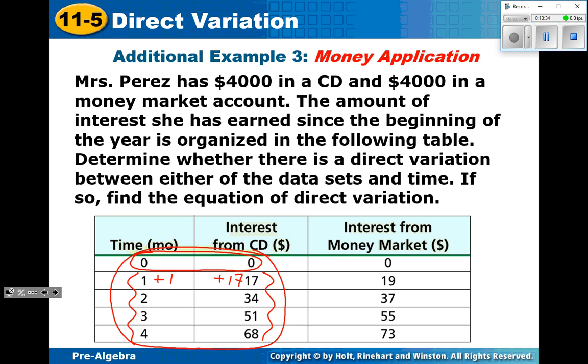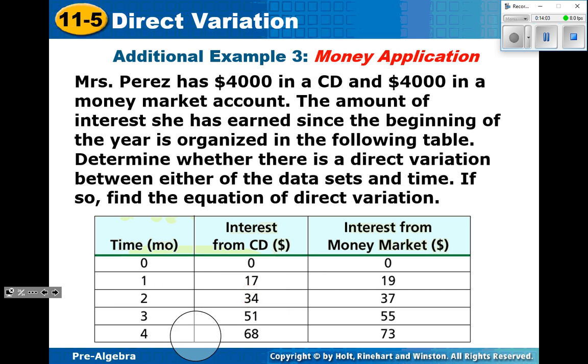And the answer is yes. Every time you're adding 17. And guess what the equation for direct variation is? Y equals 17x. It's kind of like the babysitting situation again, only this time you're making $17 an hour. 1 hour, $17. 2 hours, $34. $17 per hour.